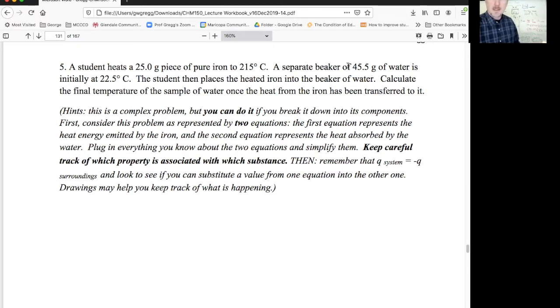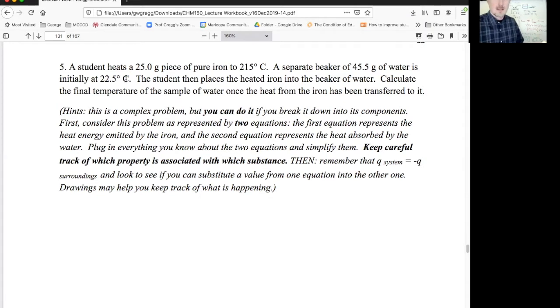A separate beaker holding 45.5 grams of water is initially at 22.5 degrees Celsius. So what we've got to think of here is we have two samples. We have a sample of pure iron metal that is hot, at 215 degrees Celsius. Then we have a sample of water that's relatively cool, about room temperature, at about 22.5 degrees Celsius.